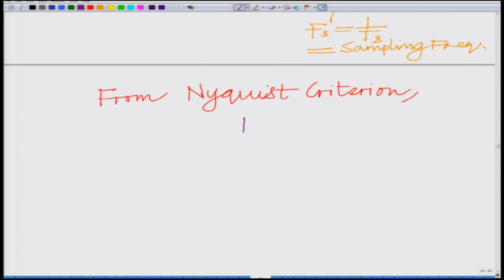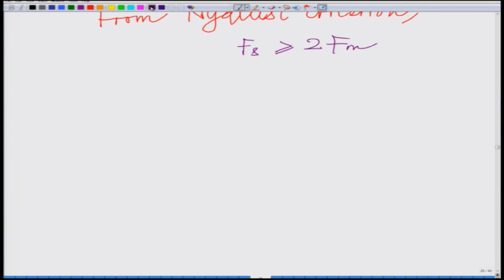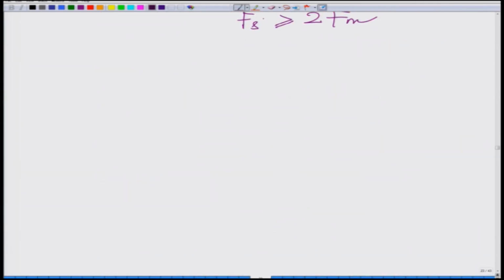Therefore, if we call the bandwidth required for transmission F of TDM, we need F of TDM equals half N into Fs, but Fs is greater than or equal to 2 Fm.